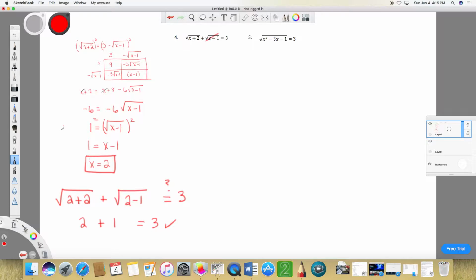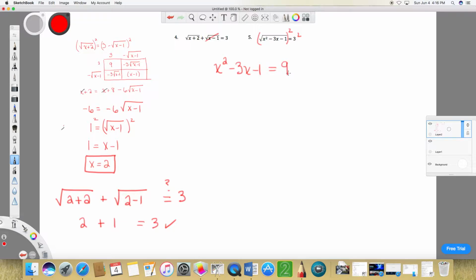Now, let's take a look here at number 5. The radical has already been isolated for us, so we're simply going to square each side of this equation. When we square the left-hand side, the radical goes away, and I have x squared minus 3x minus 1. But you can't forget to square the right-hand side, and that's easy to do.